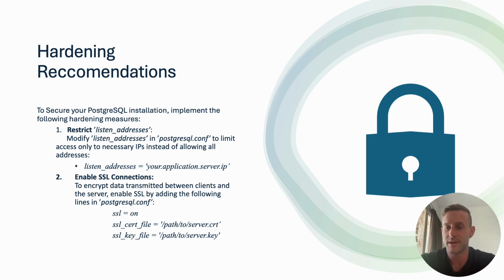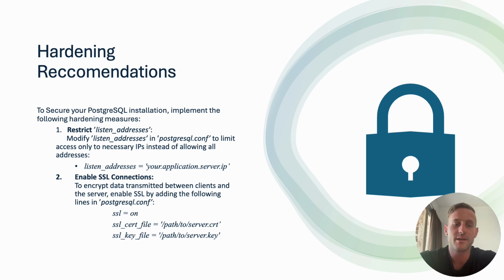Alright, now that we've got it up and running, we've verified that it is indeed listening on the port it's supposed to. Let's lock it down. Some tips for hardening when configuring your PostgreSQL installation. Restrict listen addresses.